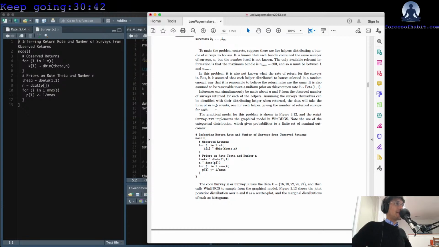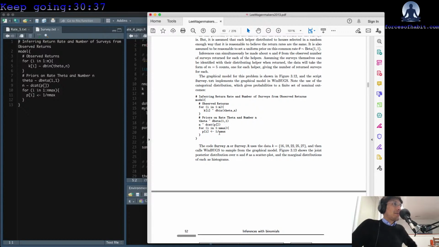So M5 for each helper, and we have this. This is a little more complex than what we've seen before. Now the observed returns are nested. So for i in 1 through M, so for each of the surveyors, k_i is a binomial distribution with n and the success rate, the number of surveys.